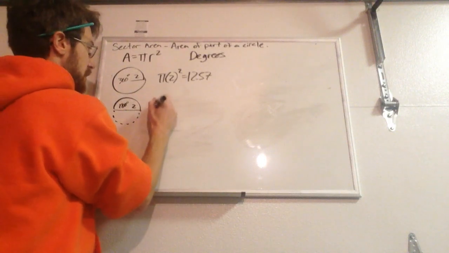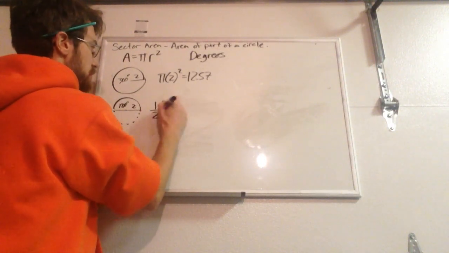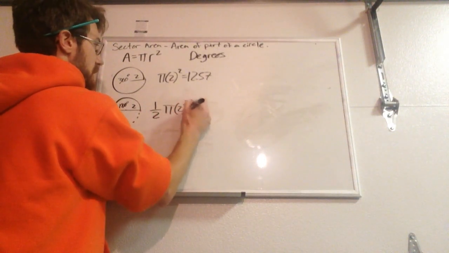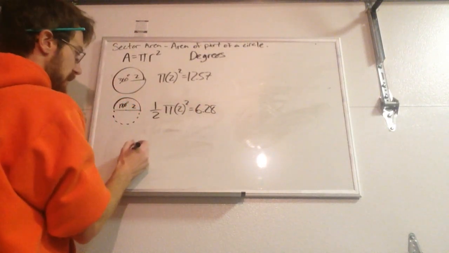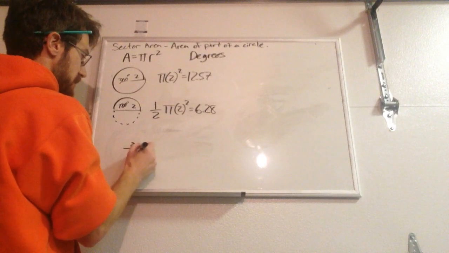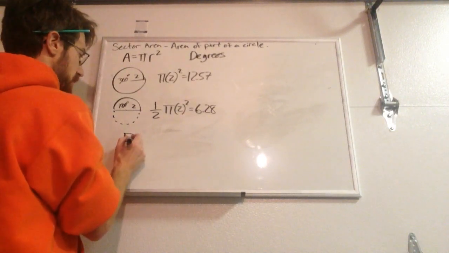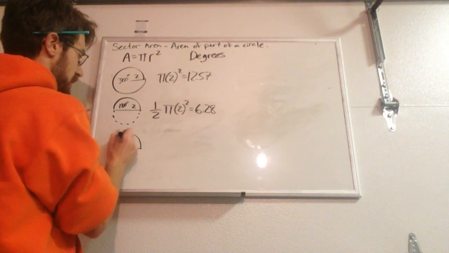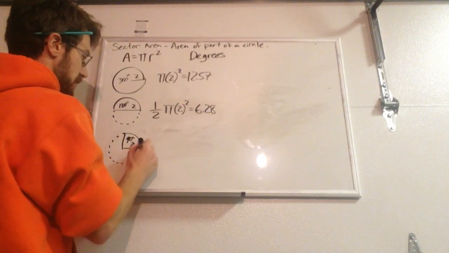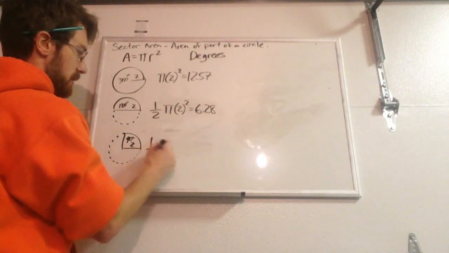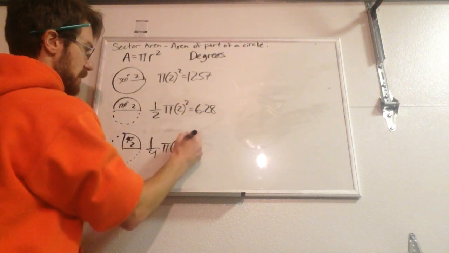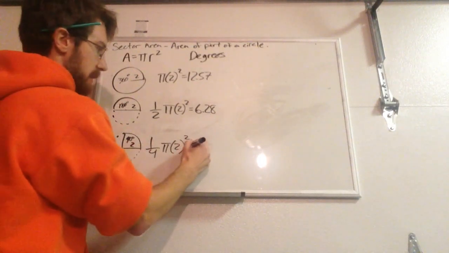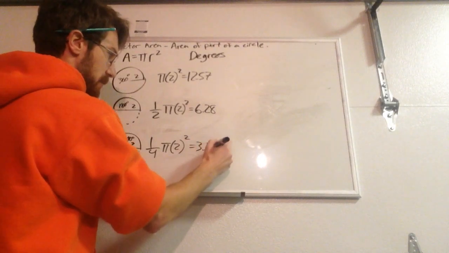Kind of makes a Pokemon ball. We do 1/2 times the area, which is about 6.28. And then 90 degrees, again radius 2, and there's the rest of our circle that we're missing out on. 1/4 pi times the radius squared for 1/4 of a circle turns out to be pi, so about 3.14.